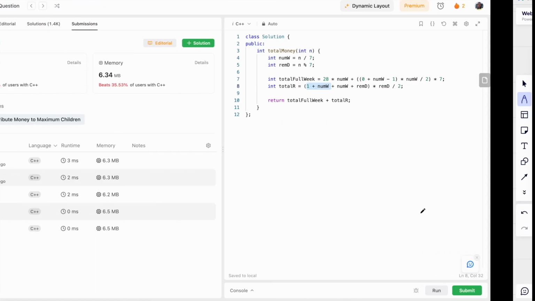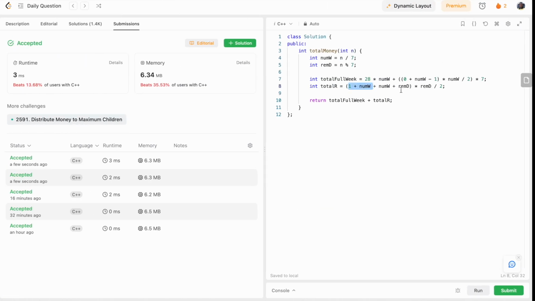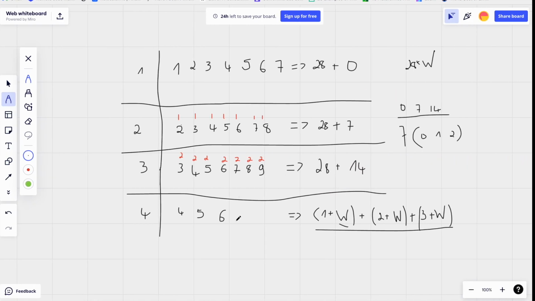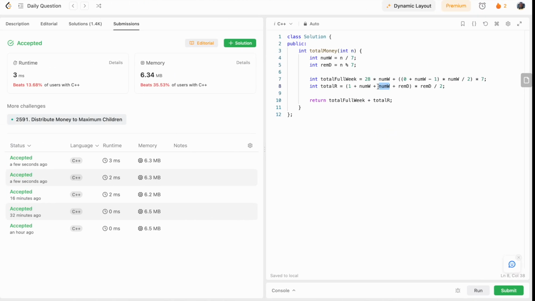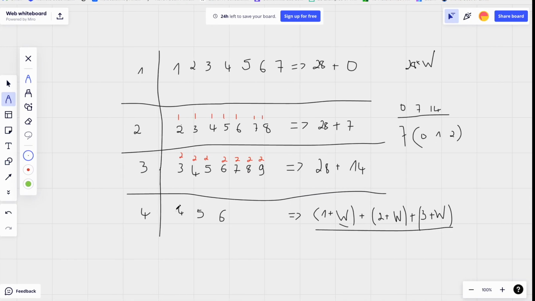So we have the first element, 1 plus number of weeks, the last element, number of weeks plus remaining days, and the number of elements is the remaining days, divided by 2. This is the formula, and it will give you the value of this.